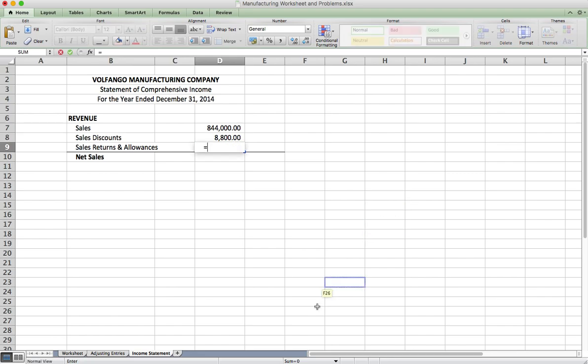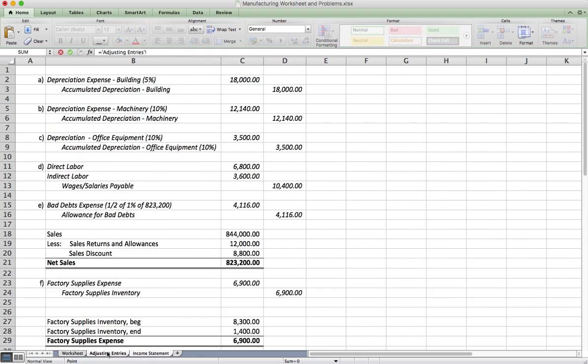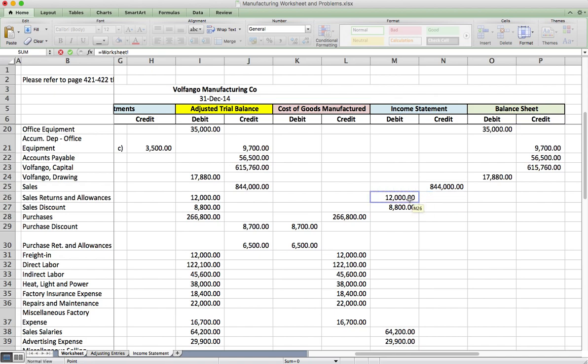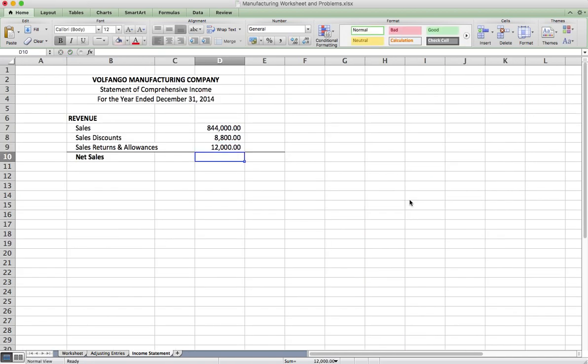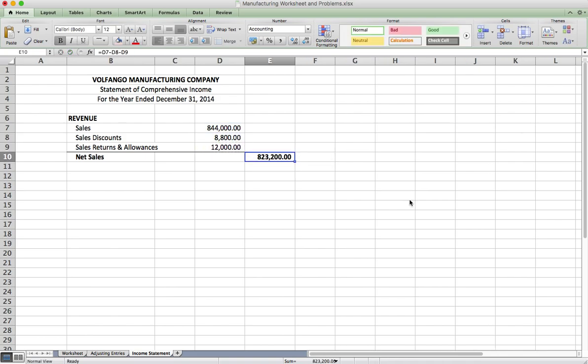And then magkano ang adjusting and magkano ang sales returns and allowances? 12,000. Magkano ngayon ang net sales? Dito natin lagay. Less. Ayan. So, dito na lang pala.